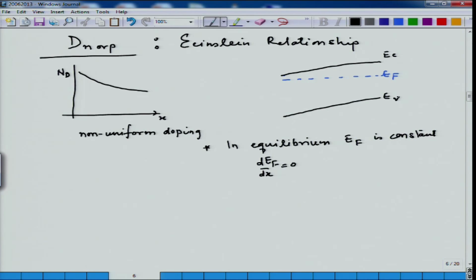Basically what I am saying is that at this point there are more electrons and at this point there will be fewer electrons because of the non-uniformity of doping. EF will remain the same, EC and EV will bend in order to accommodate this doping concentration, and EI, the intrinsic level, will also be shown in this manner. So, the first assumption here is that in equilibrium, with no other applied field, the Fermi level is constant in the material. The second thing is, because this Fermi level is constant, you must have band bending.